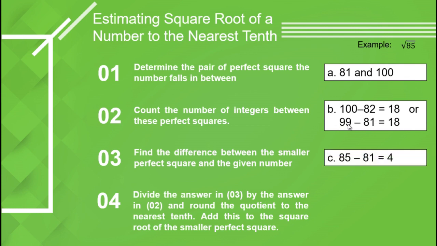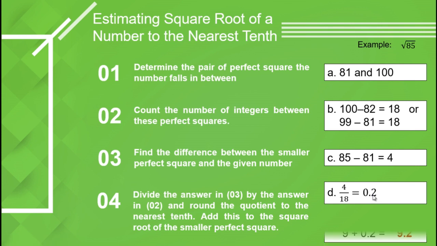Letter C. You can write only 1 on letter B. Letter C, 85 minus 81, the given minus the smaller, is 4. Then D, 4 divided by 18. You can use a calculator for this. And letter E, square root of 81 is 9. 9 plus 0.2, so our estimate is 9.2.